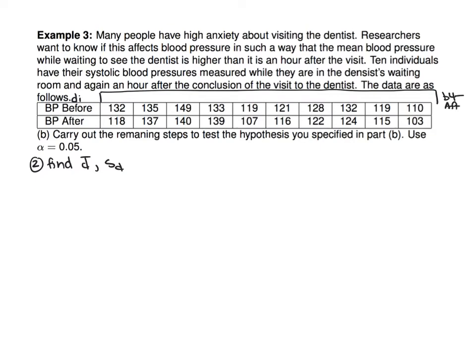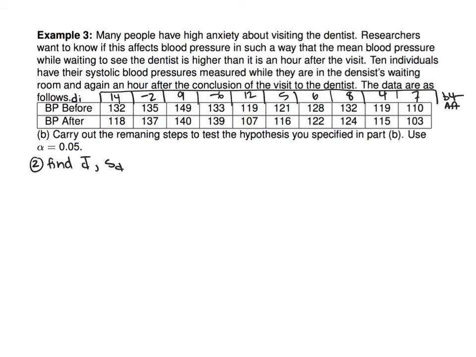So 132 minus 118 is 14. 135 minus 137 is -2. 149 minus 140 is 9. This next one's -6. Next one is 12. Next is 5, 6, 8, 4, and 7.